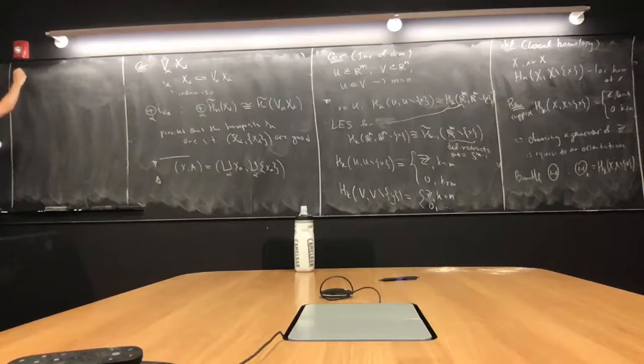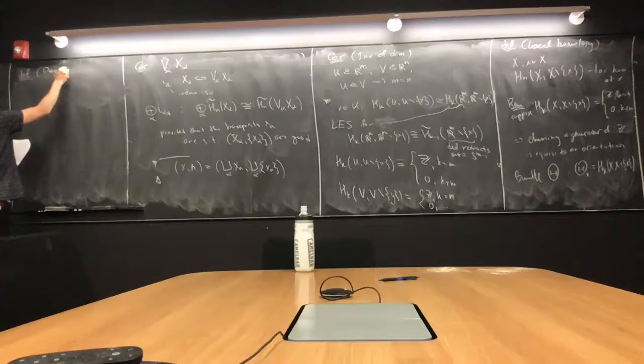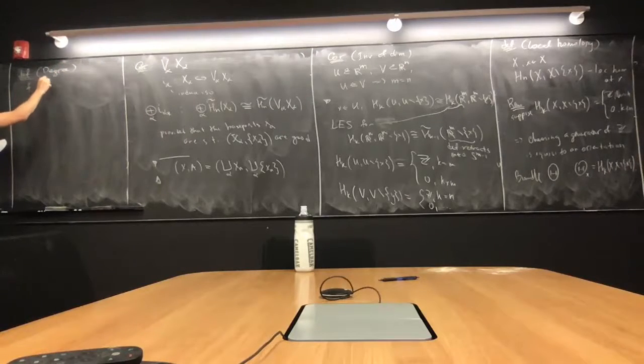Okay. And the final thing, kind of related to this local homology business, is called degree. On spheres, at least. Let's say we have a map f from the sphere into itself. It induces a map on the top homology.